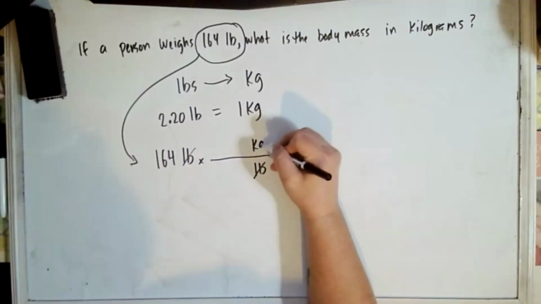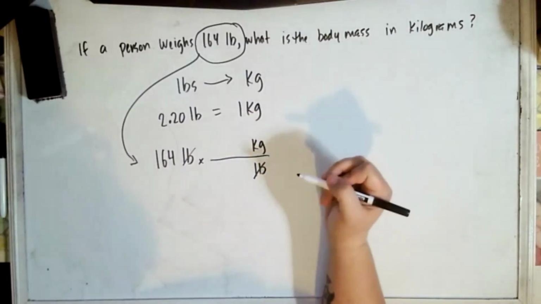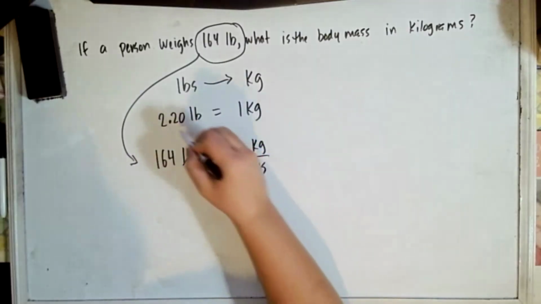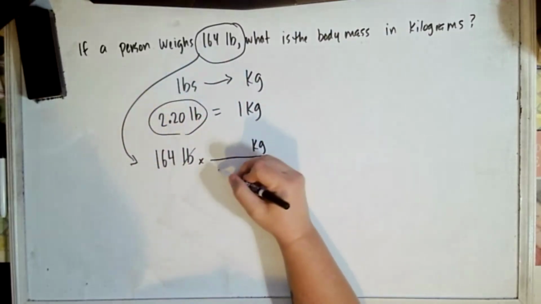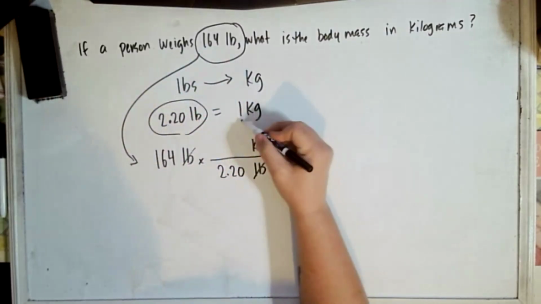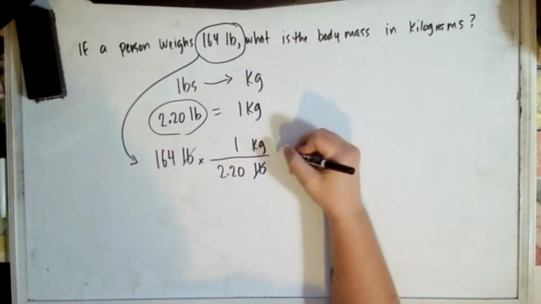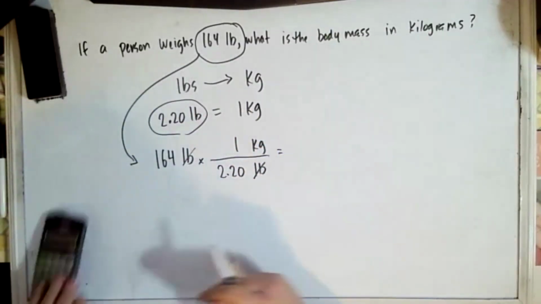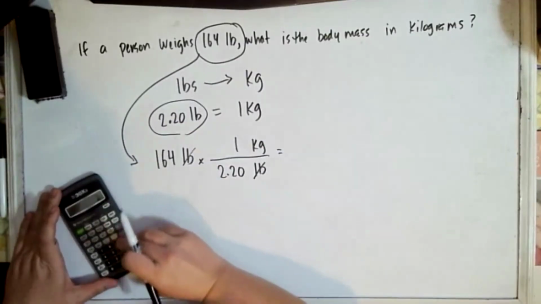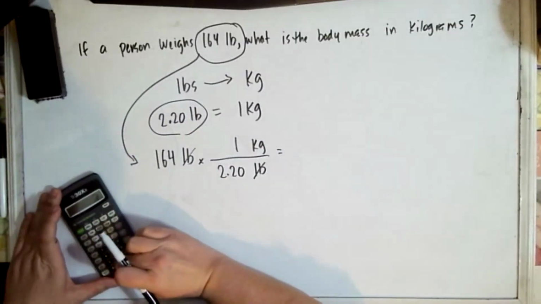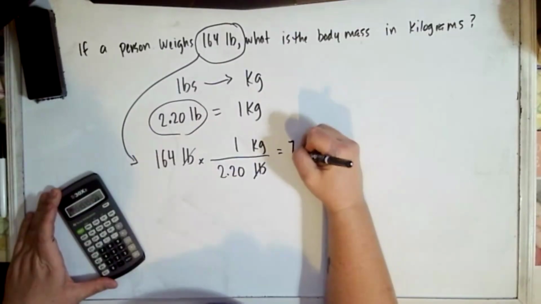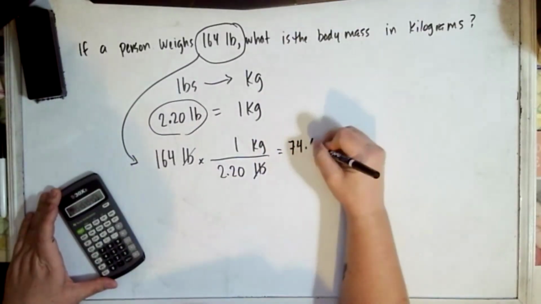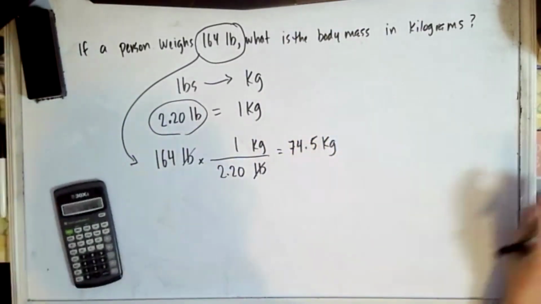And that means that kilograms has to be up top. Right. And so 2.20 goes with our pounds, 1 goes with our kilogram. And so we're going to do 164 divided by 2.20. And we end up with 74.5 kilograms.